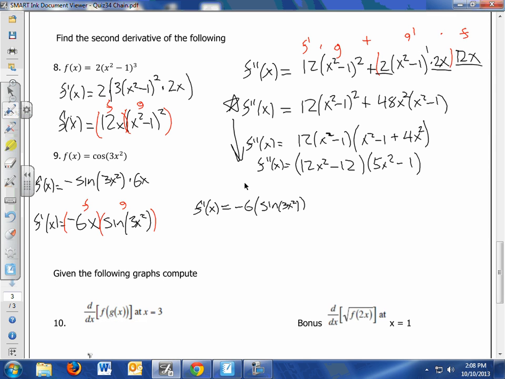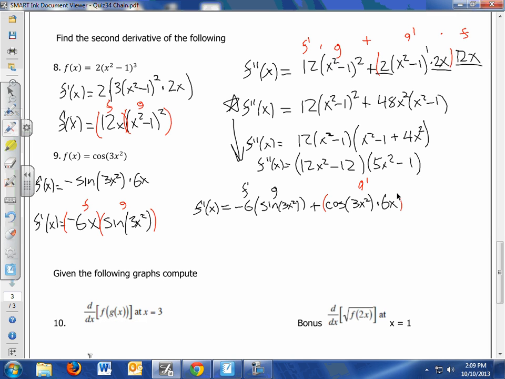So that's f prime times g plus g prime. Okay, we have to use the chain rule here. The outside would be the sine function. The inside would be 3x squared. So the derivative of sine is cosine. Leave the inside. Times the derivative of the inside. Okay, and that's all just g prime.